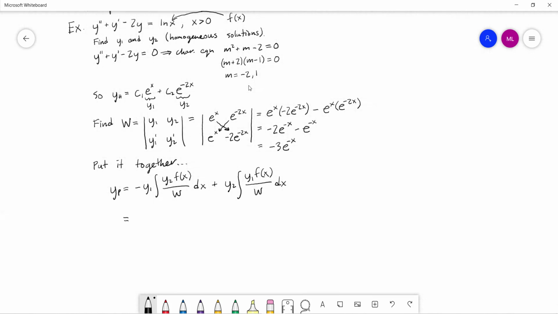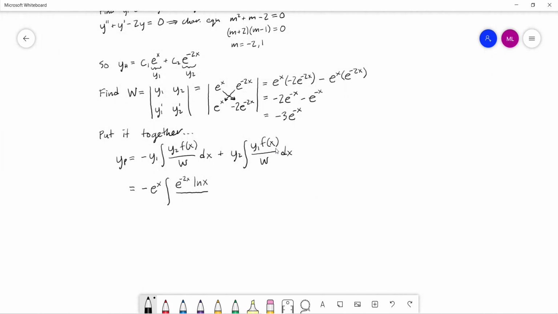We're going to get -y1, so negative e to the x, times the integral of y2, which is e to the -2x, times f of x, which is the log of x, whole thing divided by the Wronskian, which we just found was -3e to the -x dx, plus y2, which is going to be e to the -2x, times the integral of y1, which is e to the positive x, times f of x, which is log of x, over the same Wronskian, -3e to the -x dx.